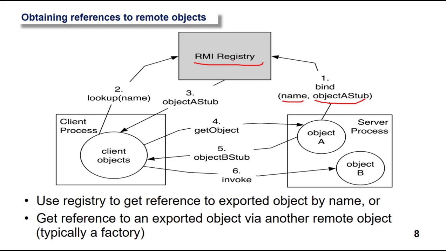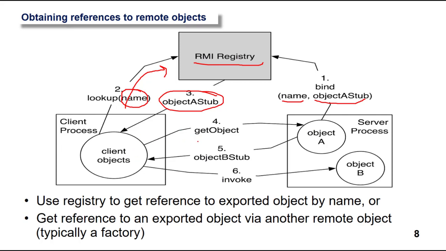Then when the client wants to make use of the service, they go into the registry and look up the particular object they want by its name. The object stub is then returned to them, and that's what the client uses to make method calls.